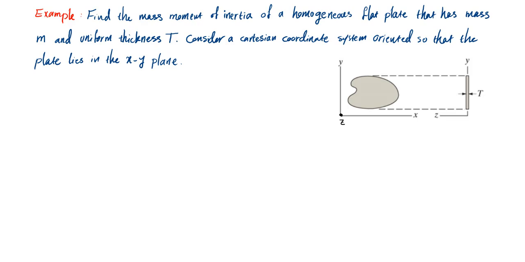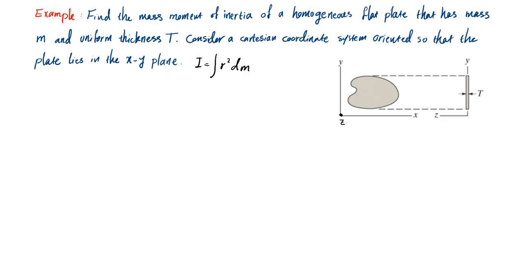So again, I'll write the equation. I is equal to integral r squared dm. That was the general form of the equation. Now in this case, I'll do the same thing as I did for a bar. I try to find a way to take this integral, so I want to relate this integral to the geometry of this plate.